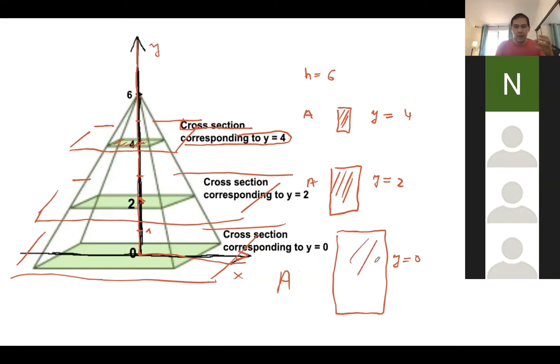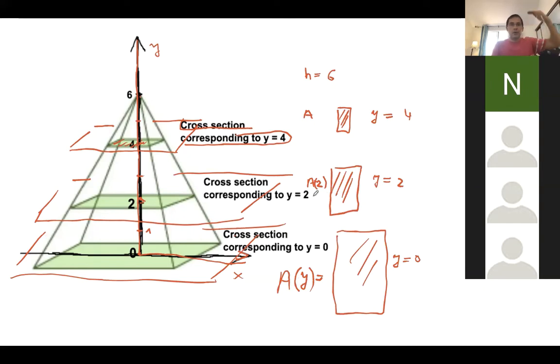So the area of the corresponding rectangle is a function of y. This corresponds to y equals 0. This is the cross-section that corresponds to y equals 2, A of 2. So the area is a function of this height.